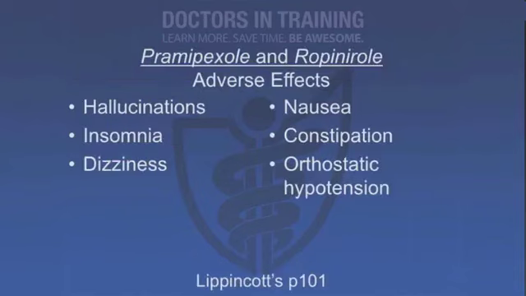Rasagiline. In terms of adverse effects, these drugs can cause hallucinations, insomnia, dizziness, nausea, constipation, orthostatic hypotension. Unlike bromocriptine, these drugs do not exacerbate peripheral vasospasm. And as we mentioned with bromocriptine, dyskinesias are much less frequent adverse effects than you see with levodopa.